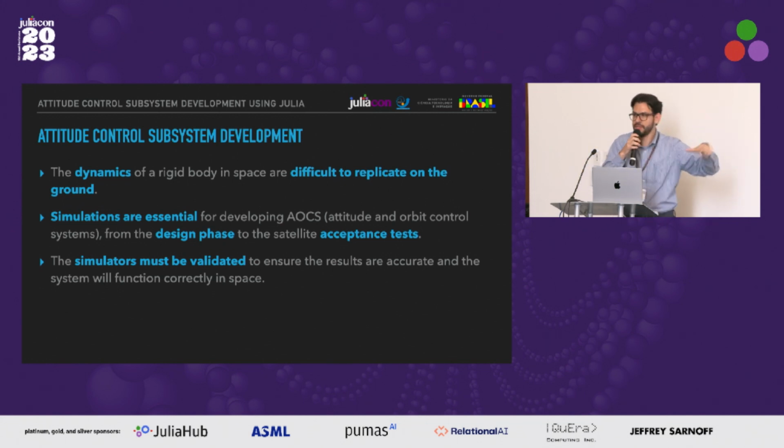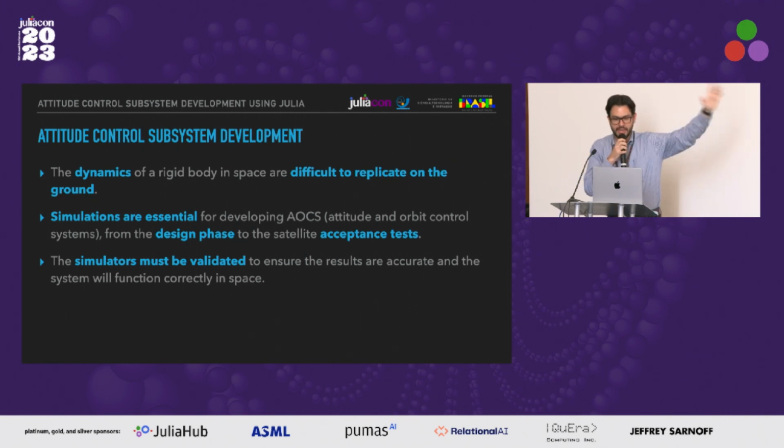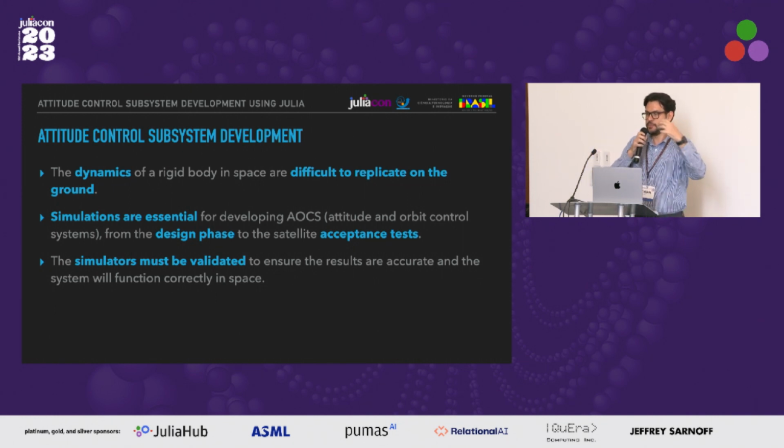There are some academic works trying to achieve that, but it's very difficult to, I don't know, levitate a 700 kilo satellite. So simulations are essential. We need simulations from the design phase up to acceptance stages. And the results of those simulations are what we use to give the go: the system is okay, we can launch.